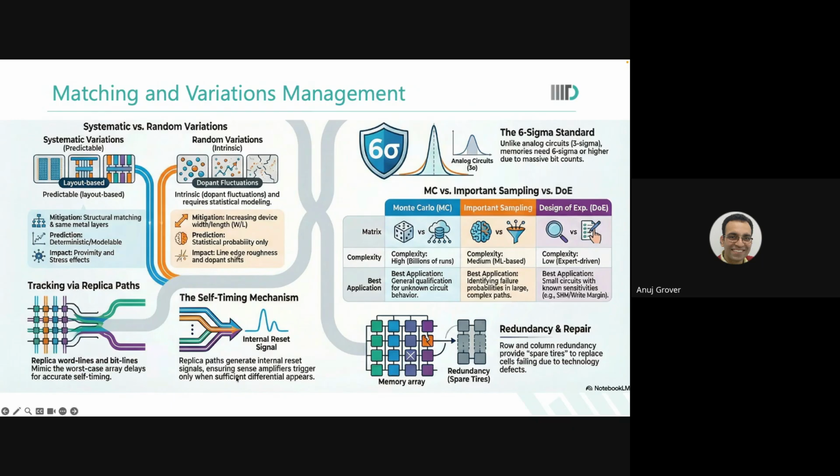You need to ensure that there is some particular cell which can connect the replica row decoder output directly to the replica bit line, or another cell which would take this output from replica row decoder to the replica word line. एक दूसरा, because I want to track the replica word line, now instead of this abutment, I need to qualify this abutment also. Then there are no DRCs, no violation of this abutment.